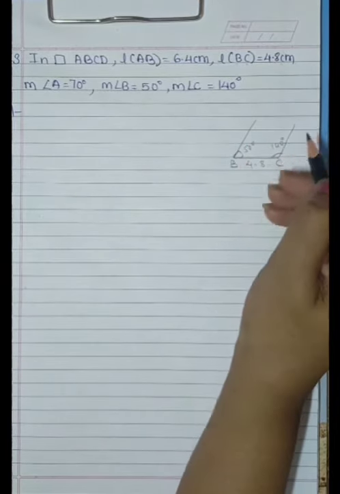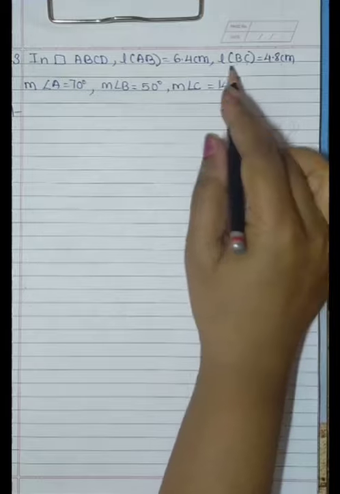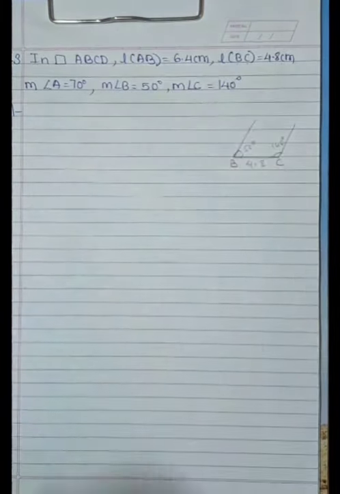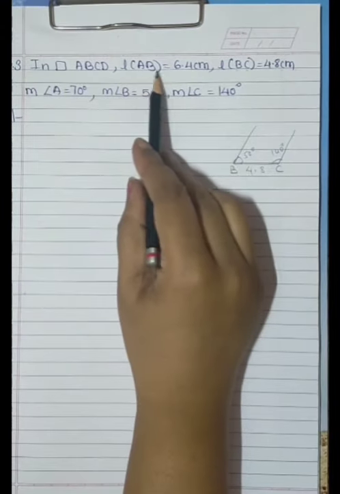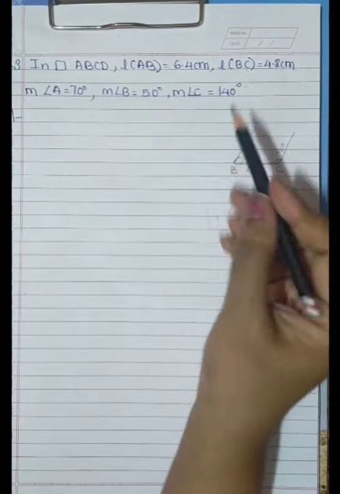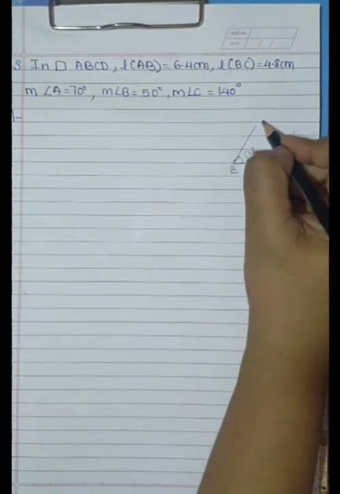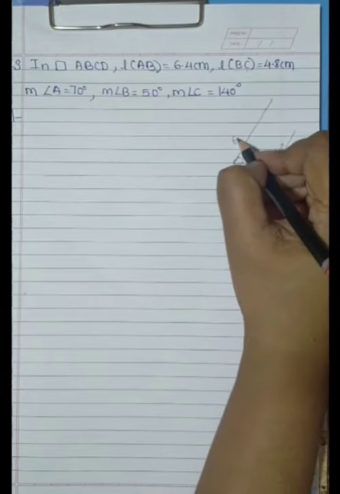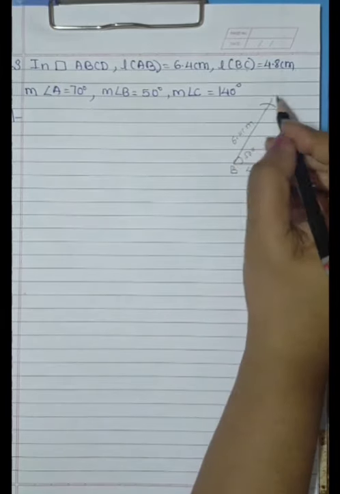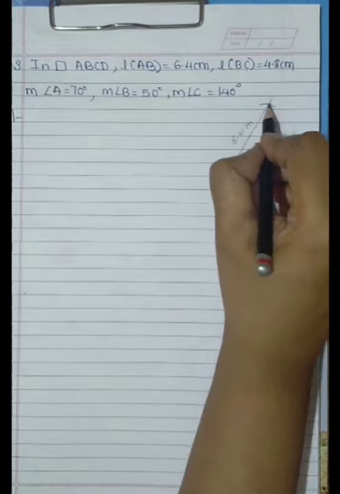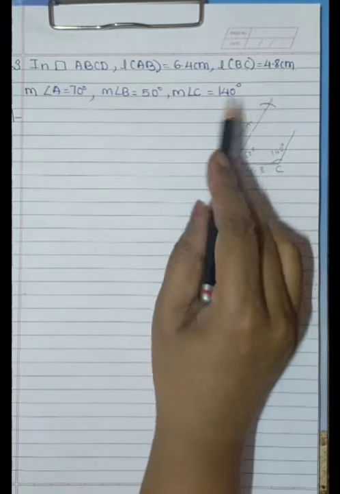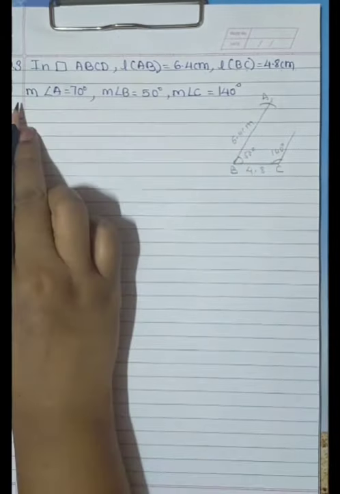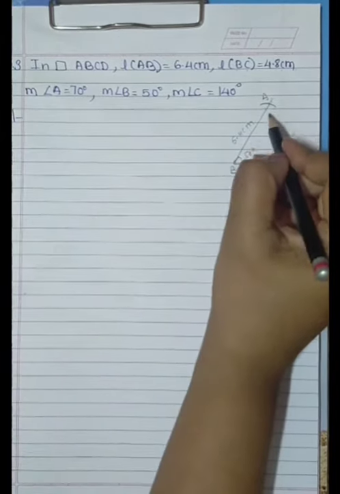If we take B, here AB is equal to 6.4 centimeter is given, so we'll take from here to here one arc we're going to draw with 6.4 centimeter, and this arc point is called A, and what is given? Measure angle A is equal to 70 degree.